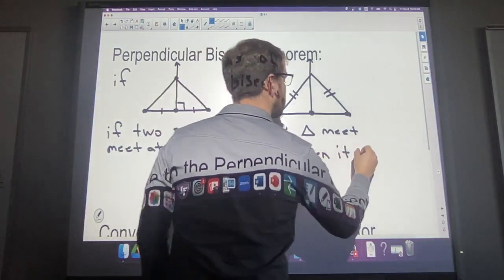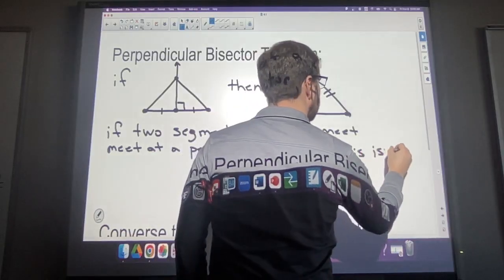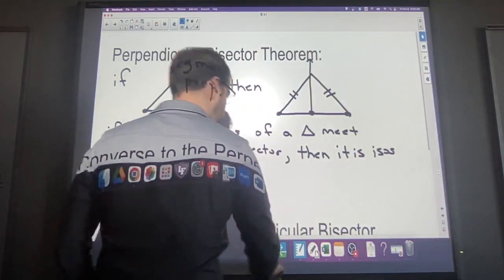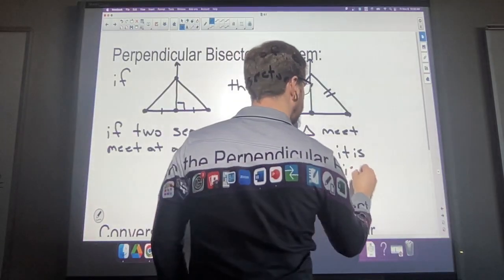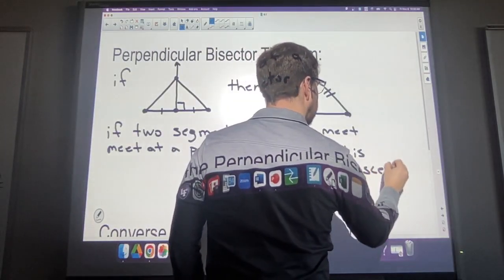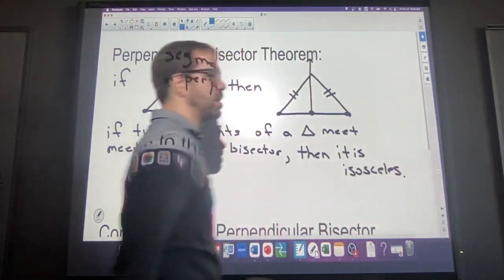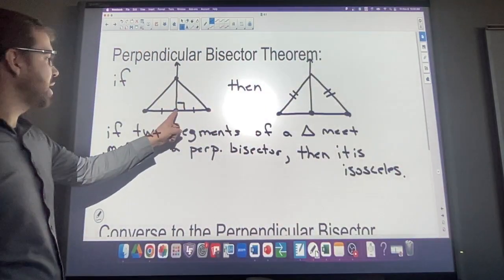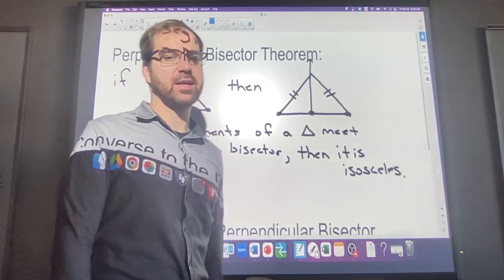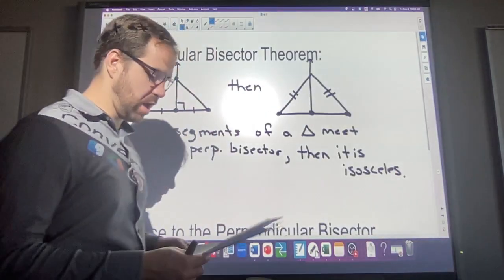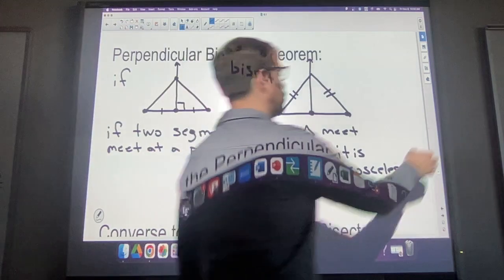Then it is isosceles. And I don't have enough room. Okay, so anytime we have a perpendicular bisector going through another point, it has to be the case that it's isosceles.